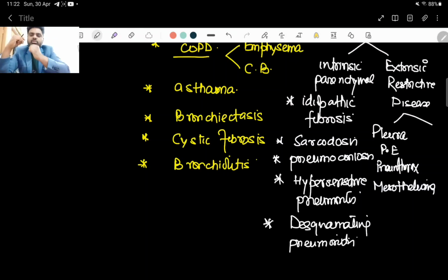What is mesothelioma? Mesotheliomas are cancers which arise from the serous layer, which contains cuboidal cells and lines cavities like the peritoneum, pleura or pericardium. But most commonly mesothelioma arises from the lining of the pleural cavity. So it is also a cause of restrictive lung disease, but it is an extrinsic, that is extraparenchymal, lung disease. Pneumothorax, mesothelioma, pleural effusion. Okay.